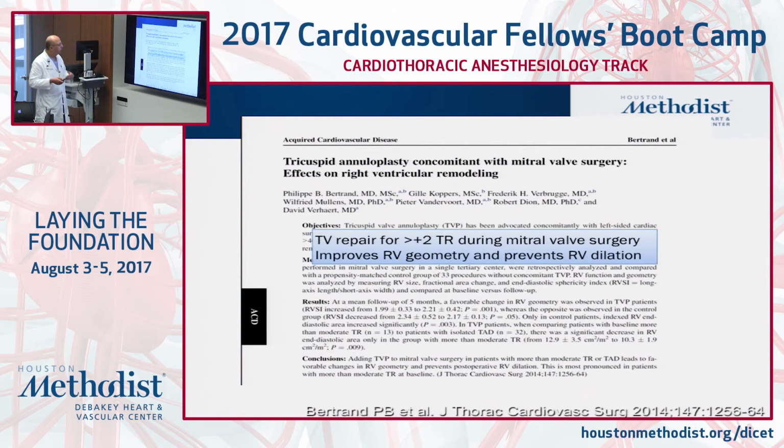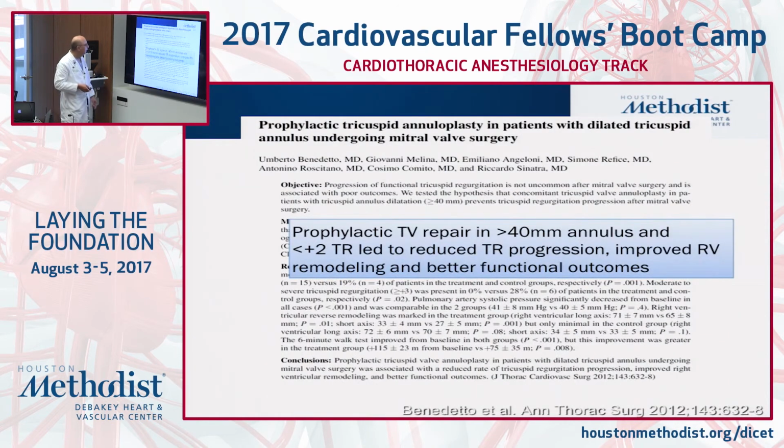So if you repair the tricuspid valve for greater than 2+ TR during mitral valve surgery, you will improve RV geometry and prevent RV dilation. And this is reflected in the guidelines, and I'll show it to you in just a moment. Prophylactic tricuspid valve repair in patients with an annulus that is greater than 40 millimeters in diameter and less than 2+ TR. So this is what's interesting.